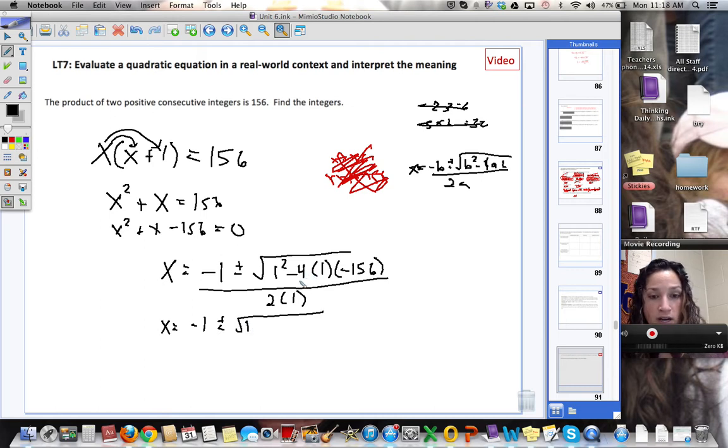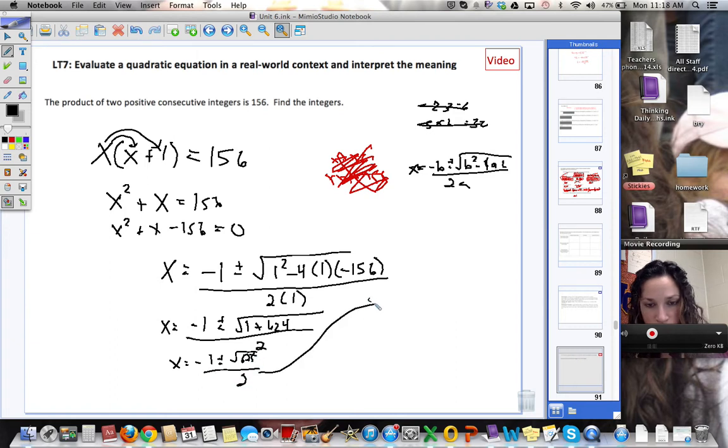Negative 4 times 1 is negative 4. Negative 4 times negative 156 is a positive 624. 2 times 1 is 2. 624 plus 1 is 625, so plus or minus the square root of 625, all over 2.